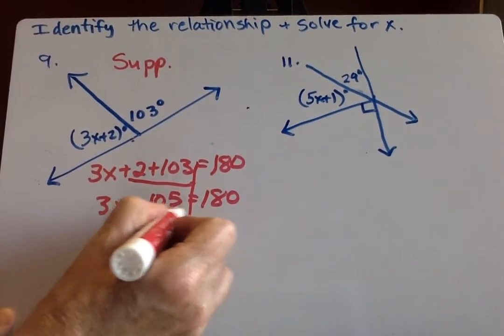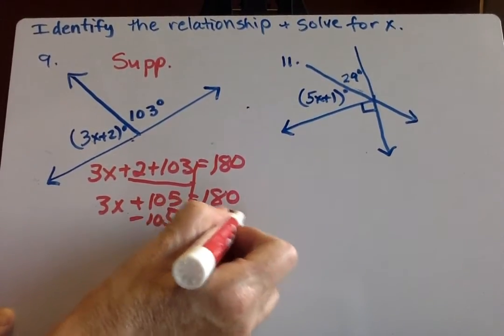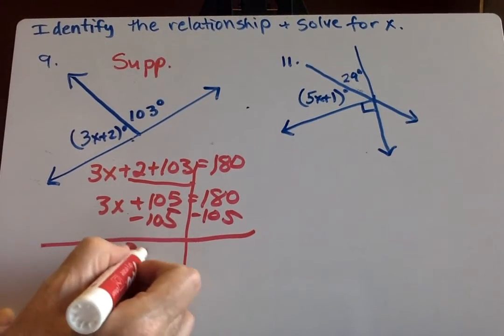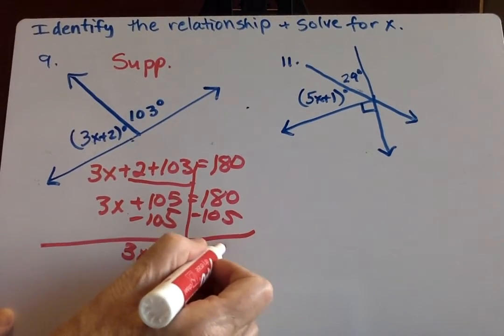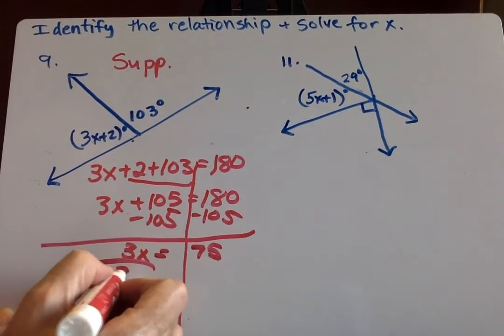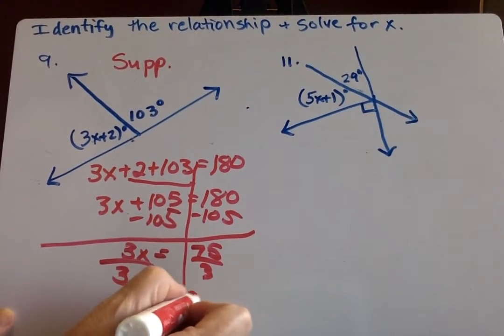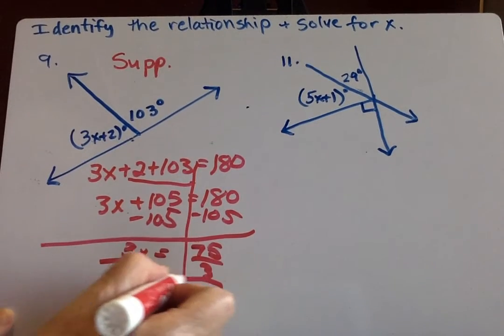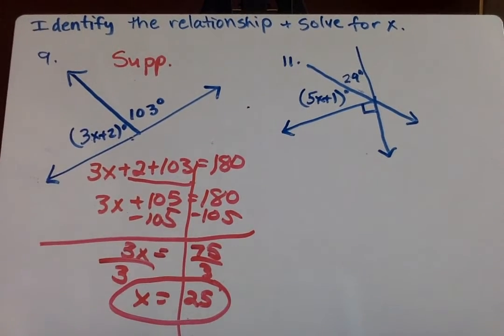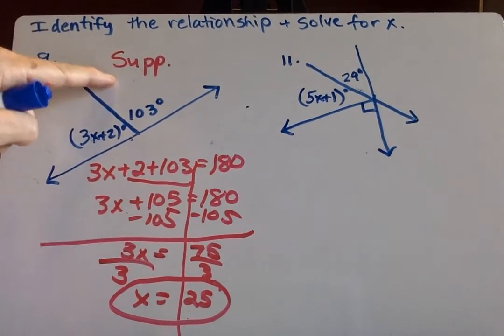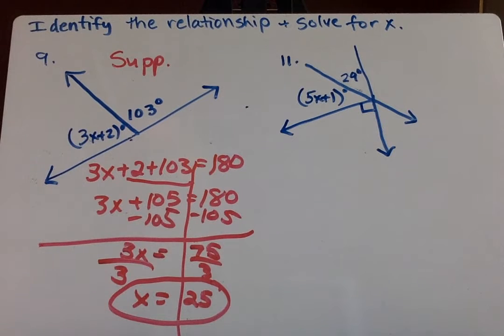Minus 105. 3x is 75. X equals 25. Okay, so again, it says identify the relationship. We did that. Supplementary, solve for x, 25.